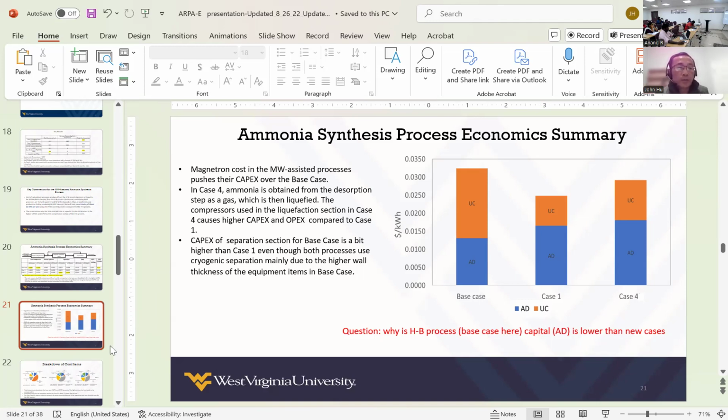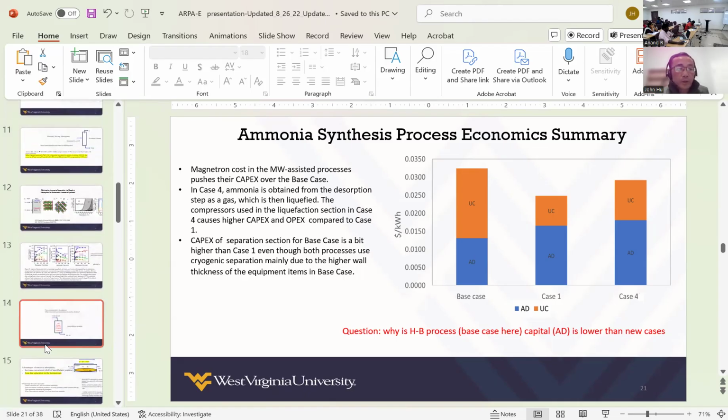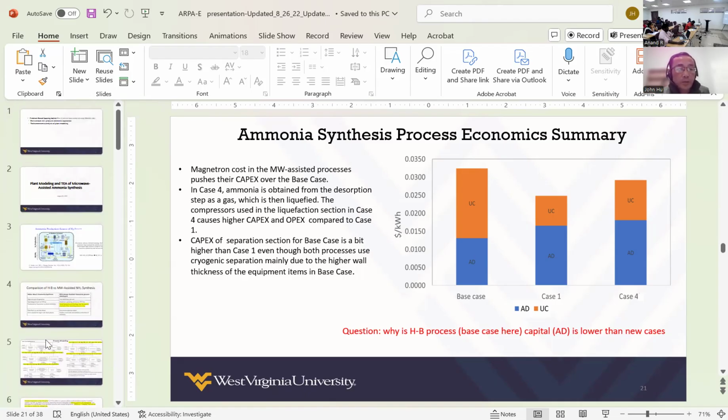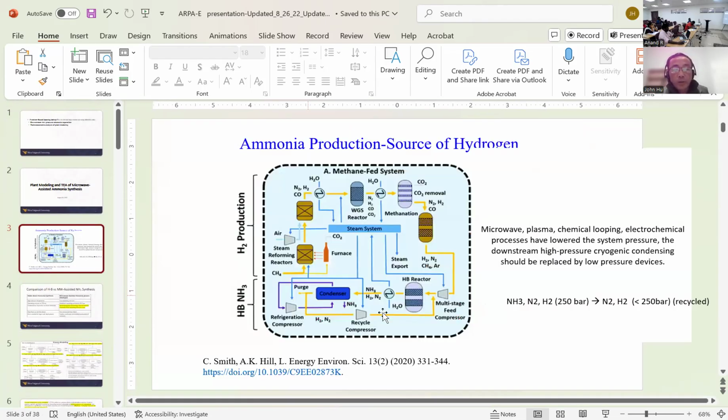Let's go back to the beginning. So that's the major innovation. By lowering the pressure, all this downstream, the capital, the operating cost change. The capital may not necessarily decrease, but the operating cost does, because we don't need to use the compression. We don't need to use the cryogenic condenser.